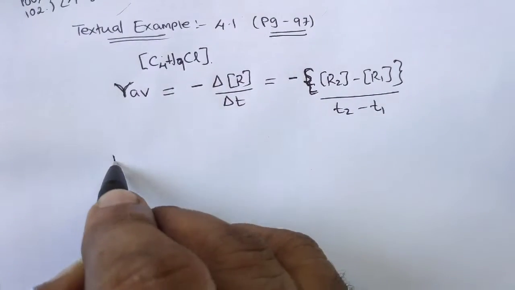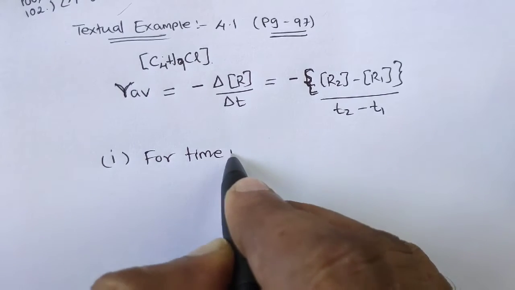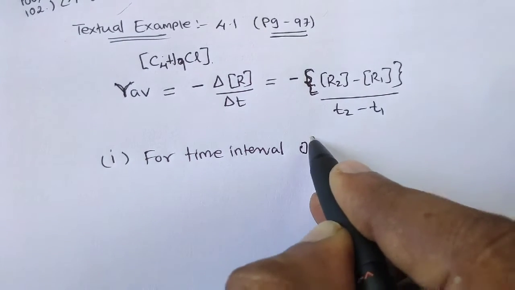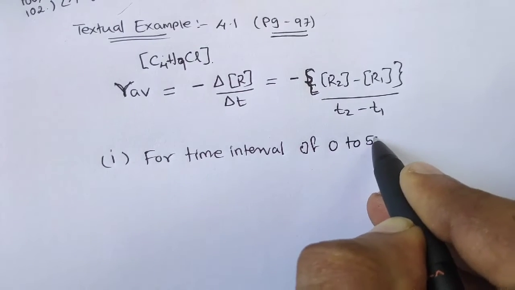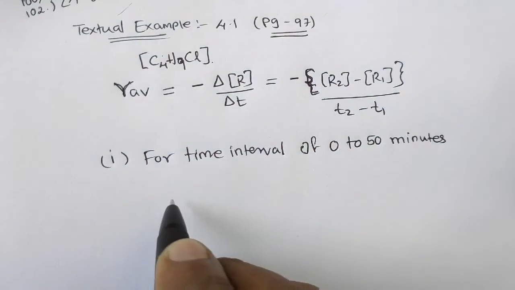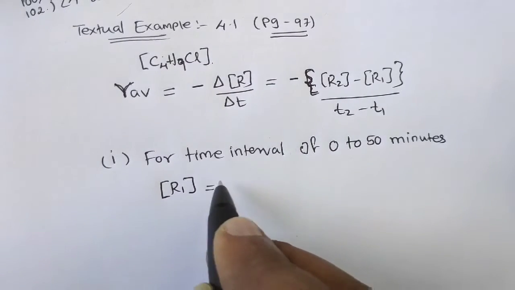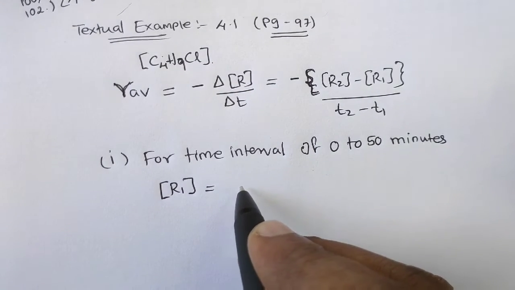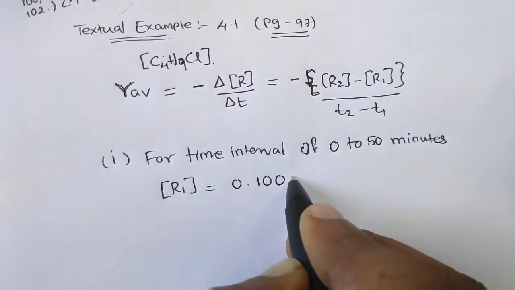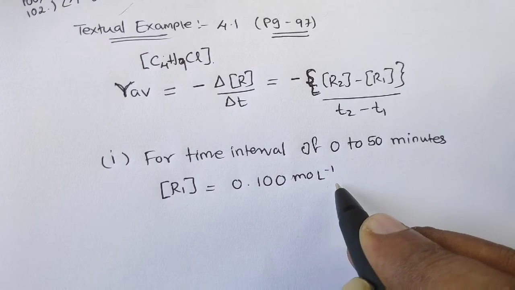Now suppose for the time interval of 0 to 50 seconds, the R1 value, that is the concentration of the reactant at 0, was 0.100 mole per liter, because concentration is given in mole per liter.